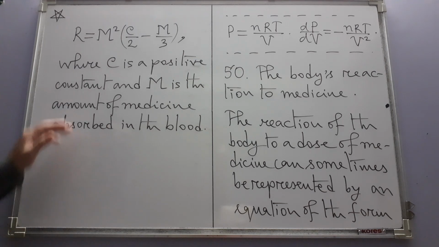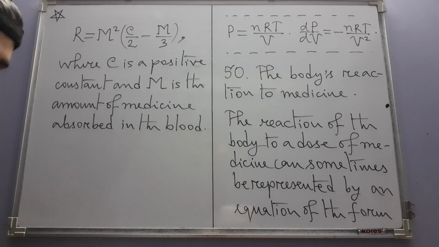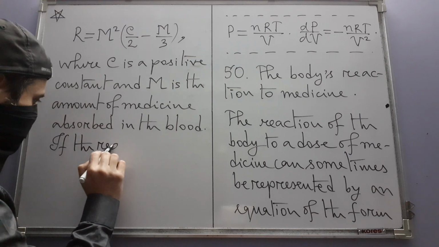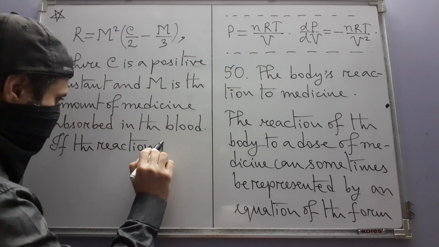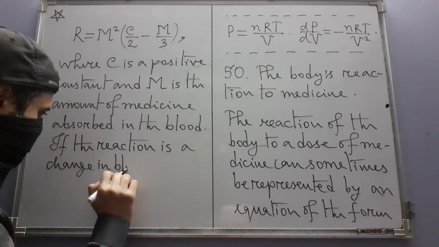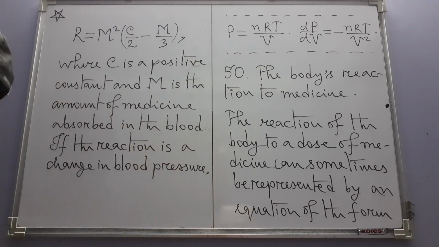Now R is not anything fixed. In place of R, several things can be considered. If the reaction is a change in blood pressure, then R is measured in millimeters of mercury, a change in pressure.